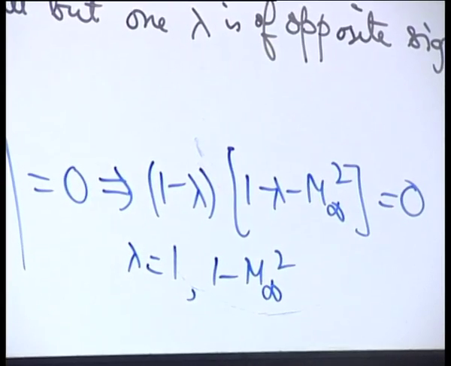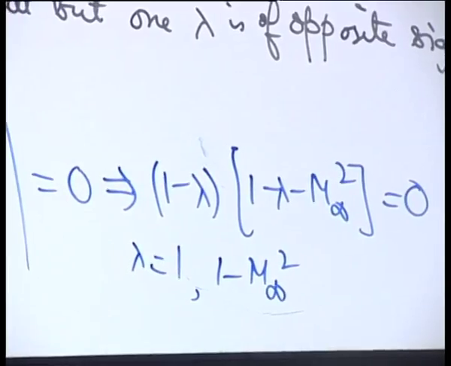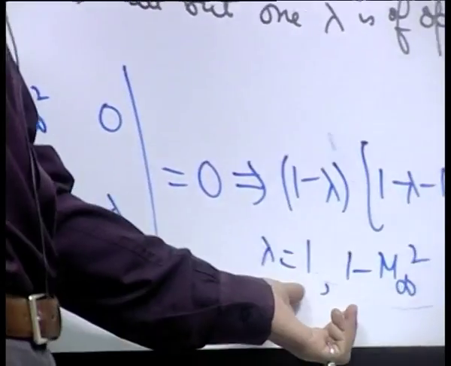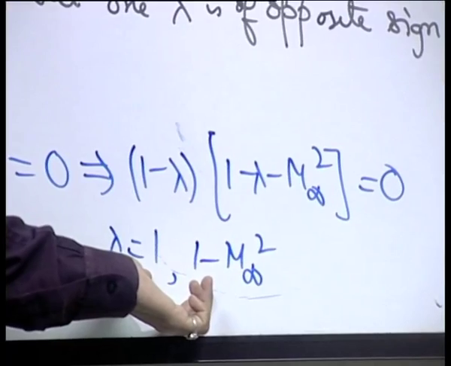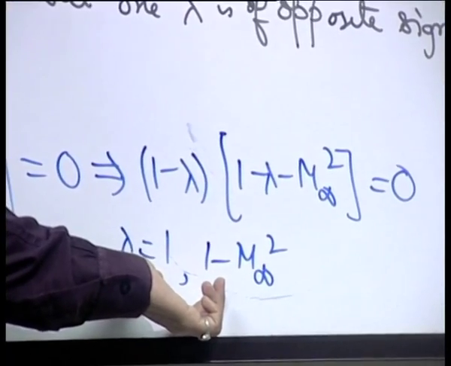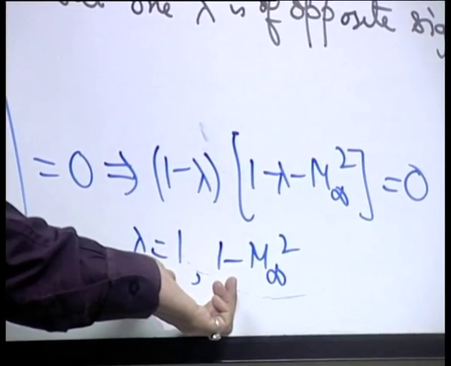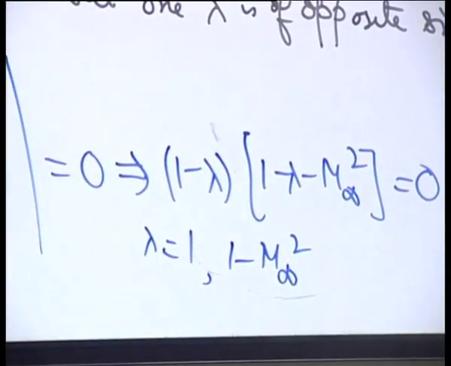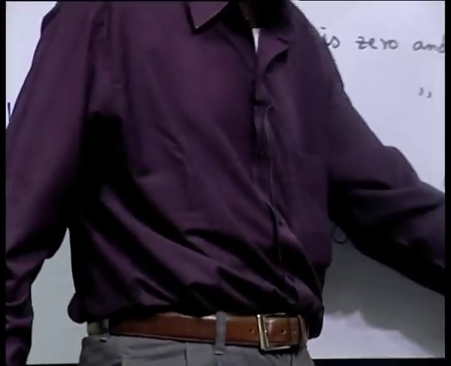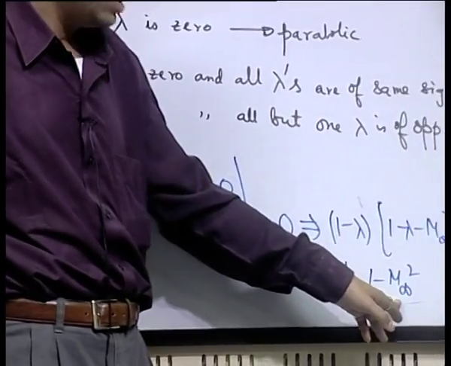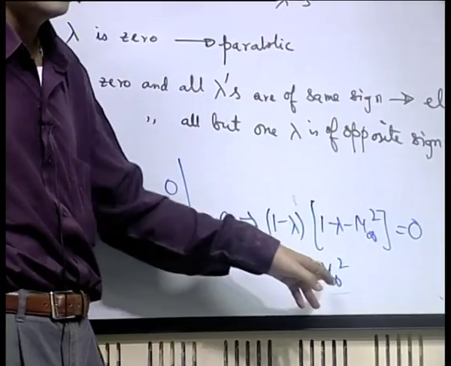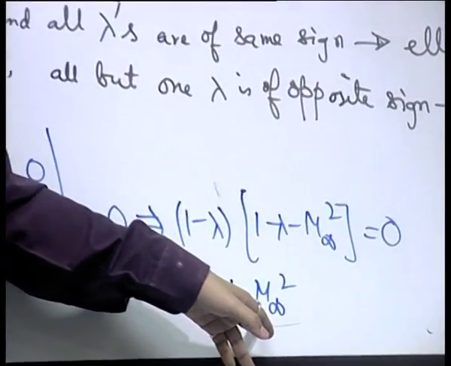When M infinity is less than 1, both are non-zero and of the same sign, so that is elliptic. Whereas if M infinity is greater than 1, one eigenvalue is positive and another is negative, so it becomes hyperbolic.